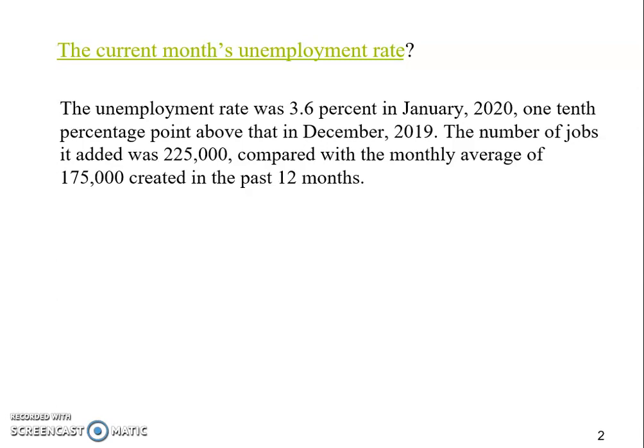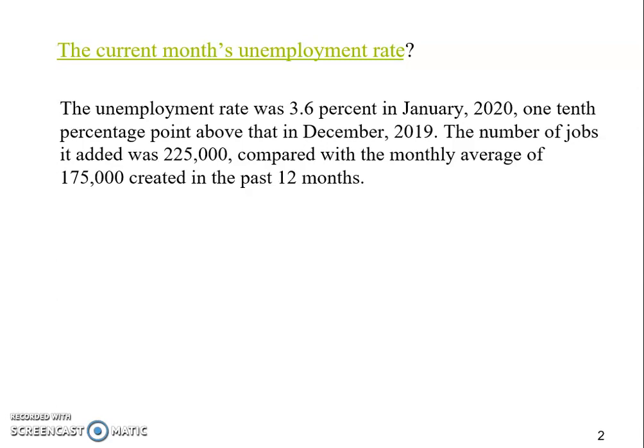In other words, if you just look at the second sentence, you were probably under the impression that the economy did pretty well in terms of creating jobs, right? Because in the past 12 months, the average is 175,000, and the economy in January created more than that, 225,000.